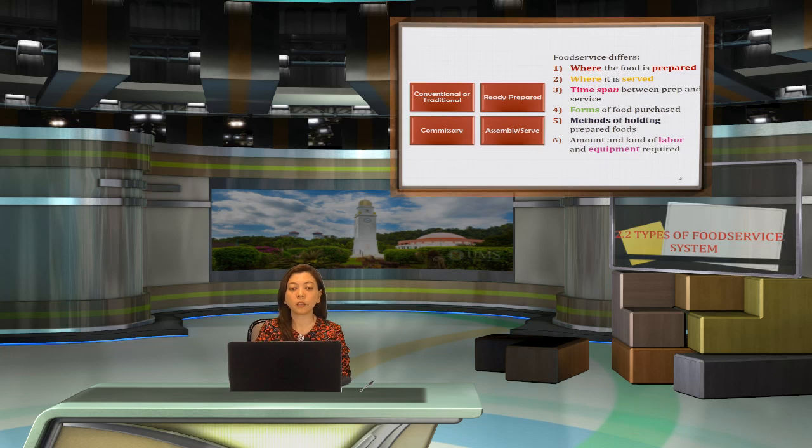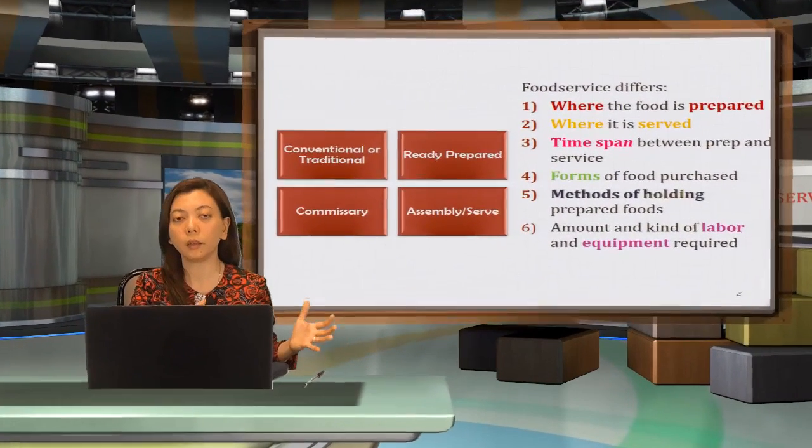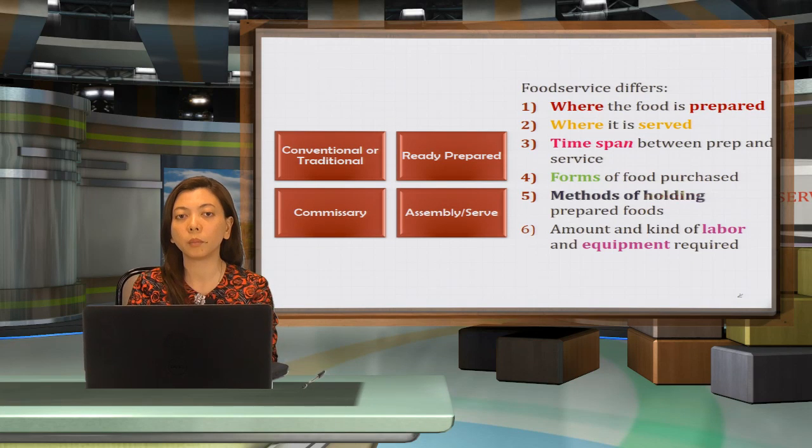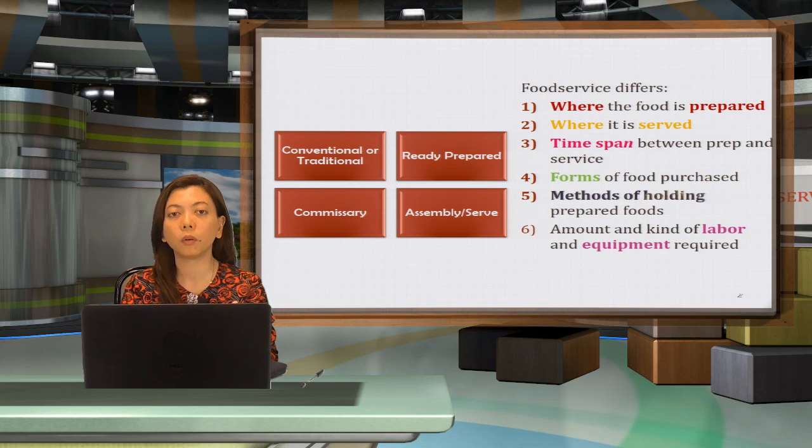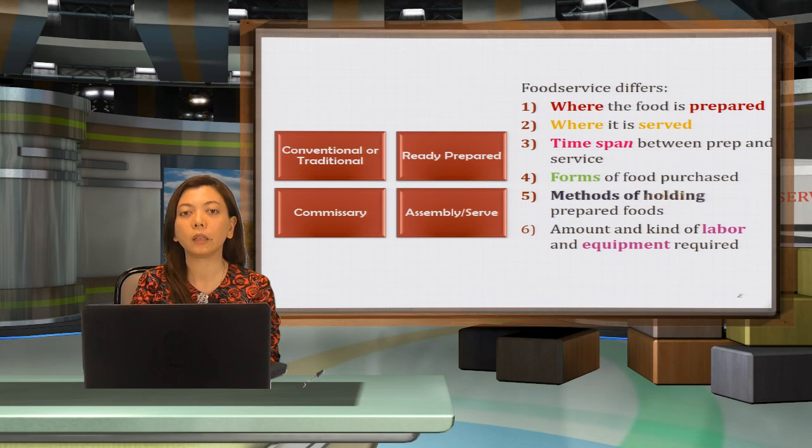Number 4 is in terms of forms of food purchase. So you can purchase food in many forms, whether you want to purchase it from scratch or you want to purchase something that is already ready prepared. So conventional or traditional or commissary, normally they would prepare food from scratch. For example, they would purchase items like potatoes, onions, then they will peel it, they will chop it at the preparation area.